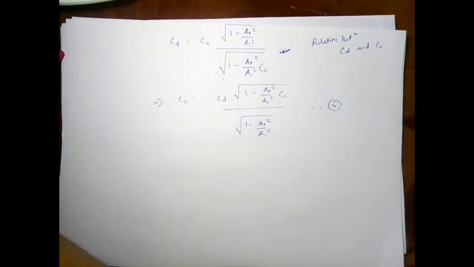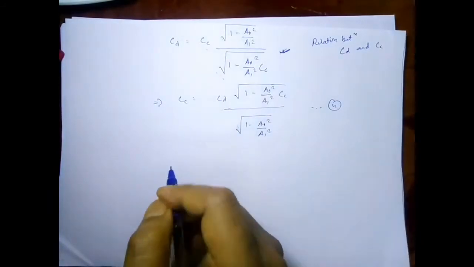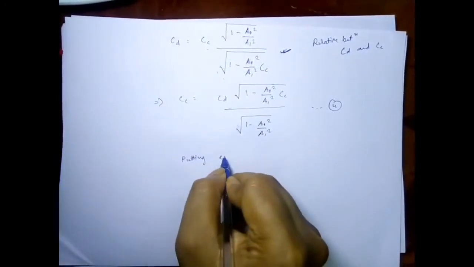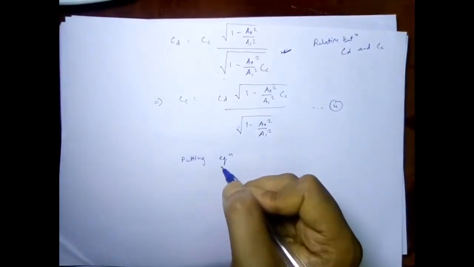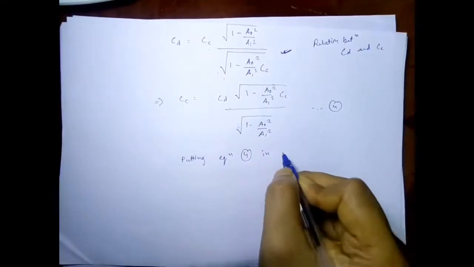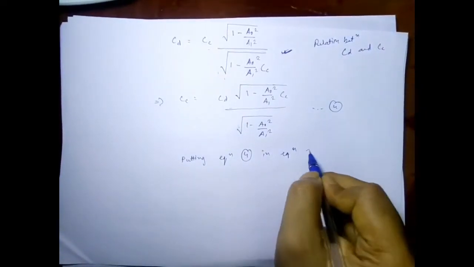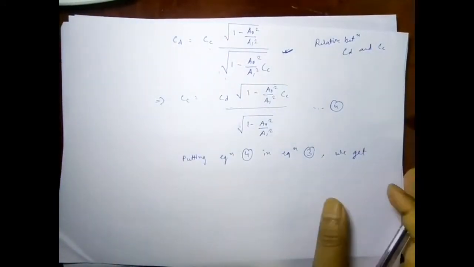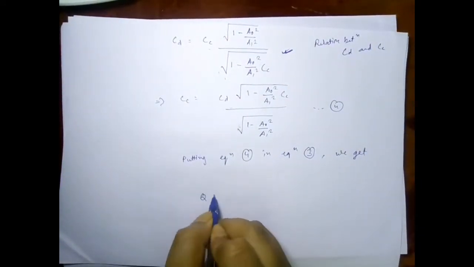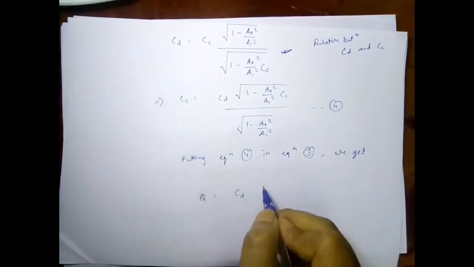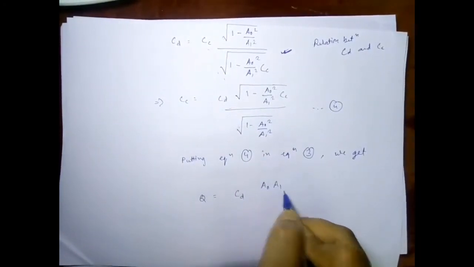So on putting equation 4 in equation 3, we get discharge Q is equal to CD times A0 A1.